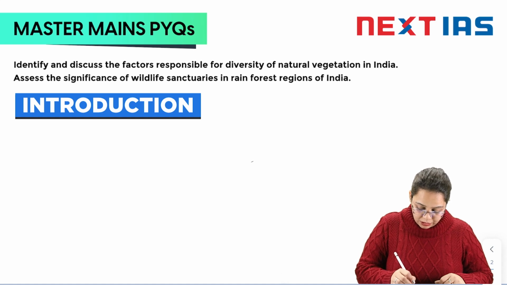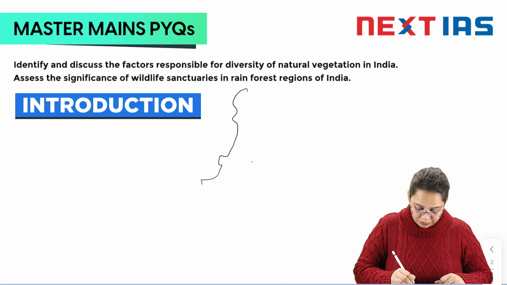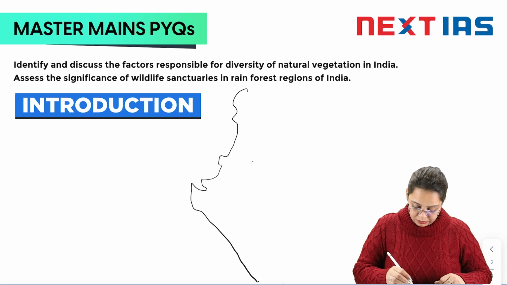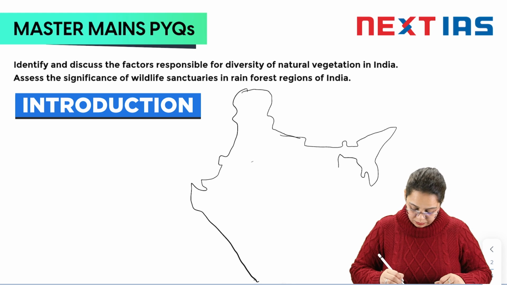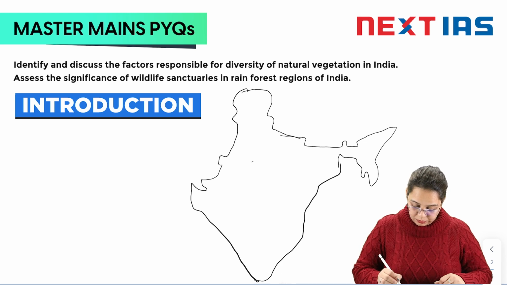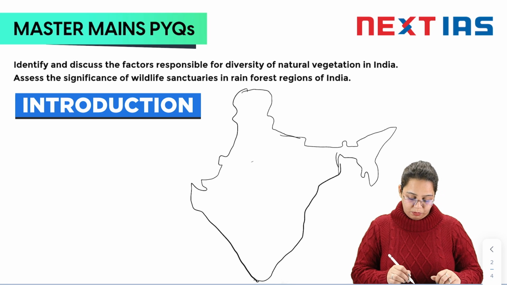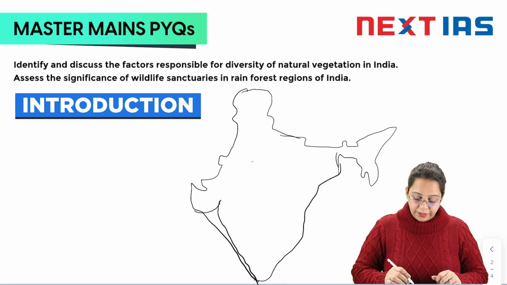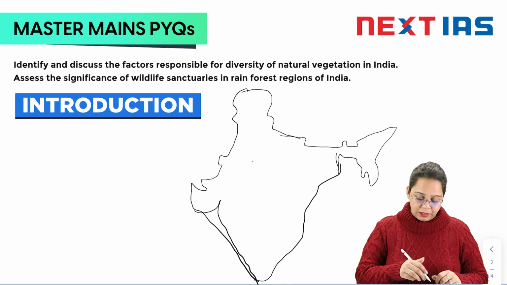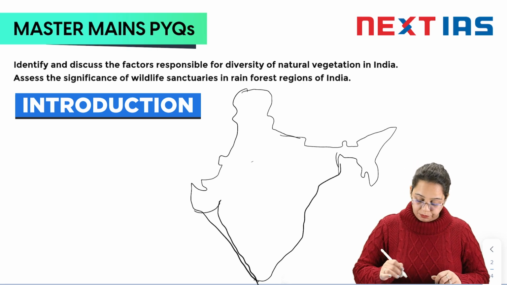Let's first draw the map of India. I'll try to draw it as fine as possible. I'm going to rectify it a little bit. The areas we wrote earlier, we will try to map here on the India map.